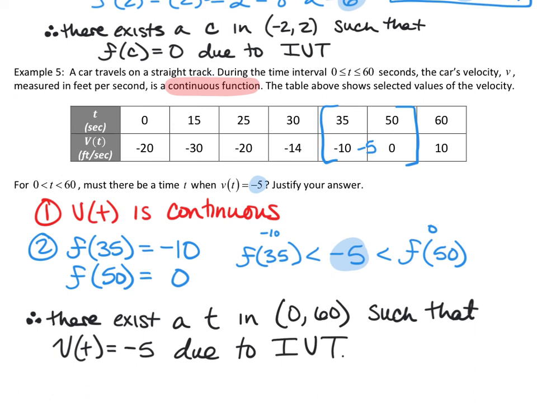So again, we showed that it was continuous, which they gave us in the example. You have to just state it again. And we noticed that -5 would show up between these two numbers. So we used these inputs and these outputs in my explanation and justification. Therefore, there exists some time t in this entire interval, 0 to 60, such that v of t is equal to -5 due to the intermediate value theorem.